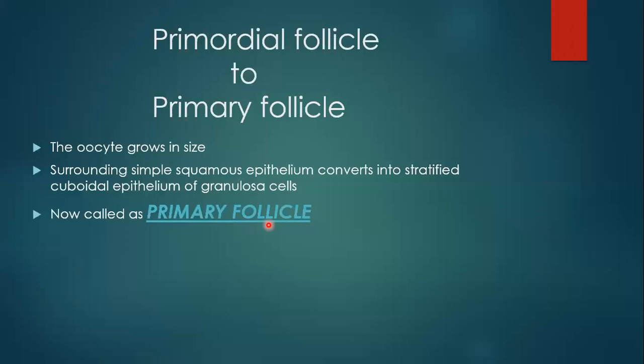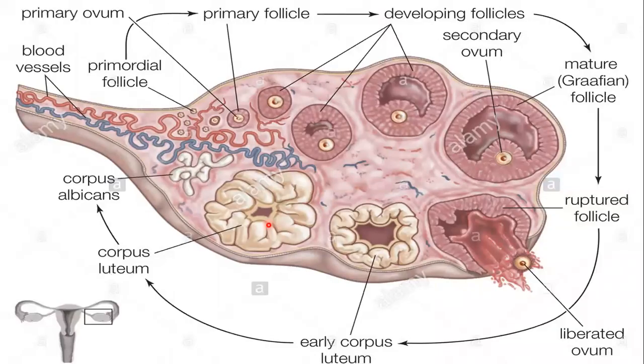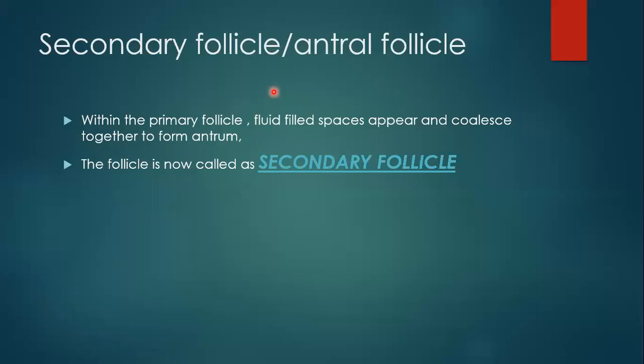The primary follicle is different from the primordial follicle because of the large size of the primary oocyte residing within this follicle, and because of the stratified cuboidal nature of the surrounding follicular cells. Here you can see this is the primordial follicle, and this is the primary follicle. This is also the primary follicle.